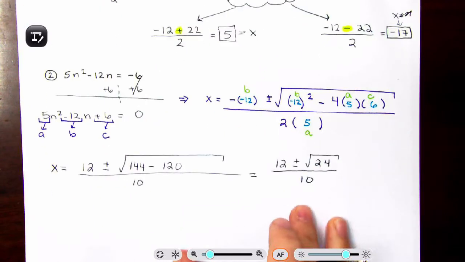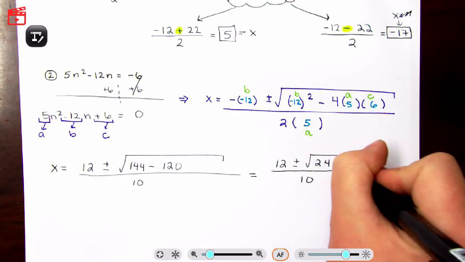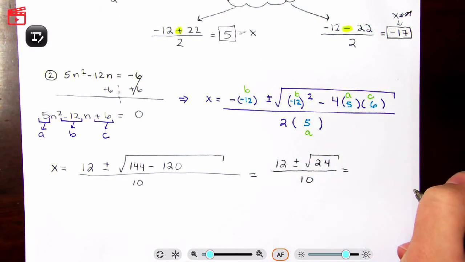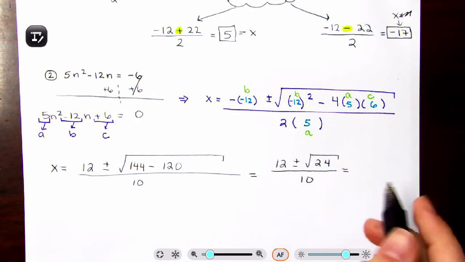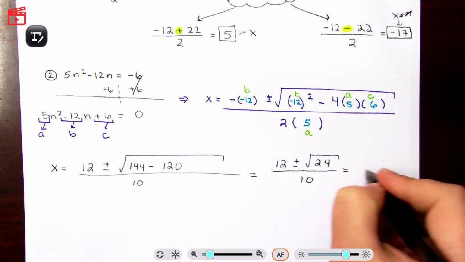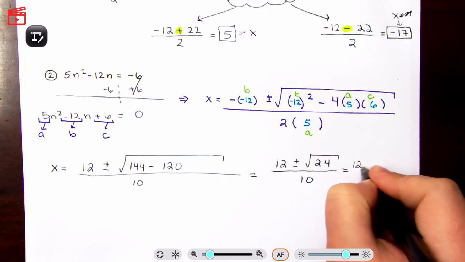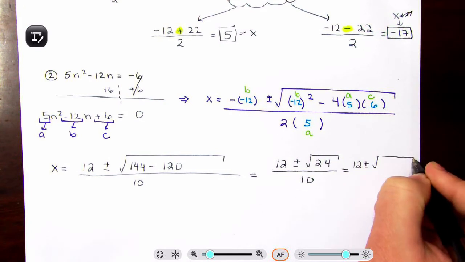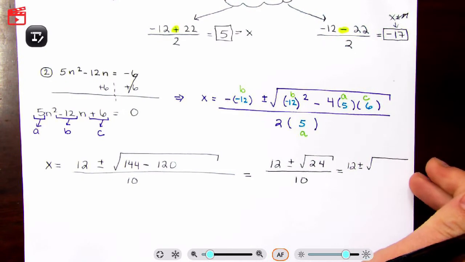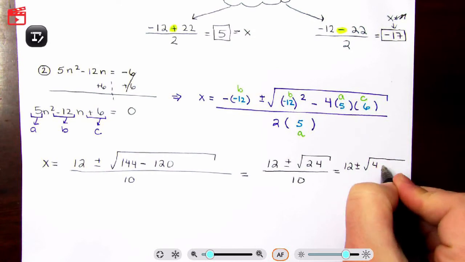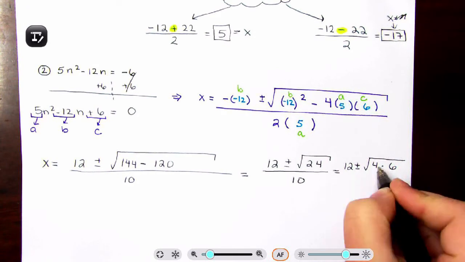Taking the square root of 24 does not give me a pretty number. So 24 square rooted is not a pretty number, so we want to simplify it. So let's simplify it to 12 plus or minus. Inside the radical, we can see if we can pull something out, because I think 4 times 6 is 24.